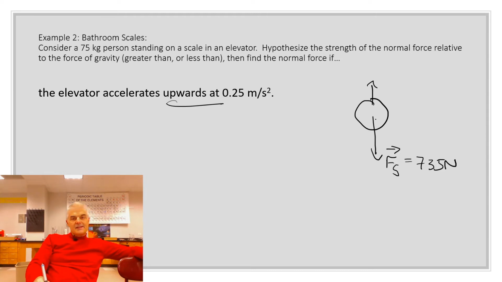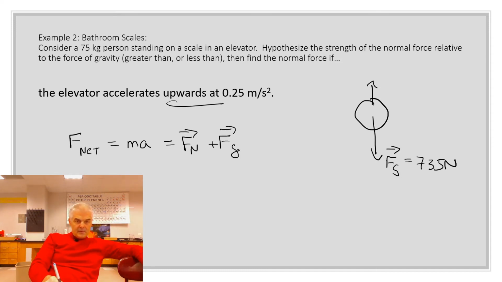Since the net acceleration is 0.25, what we can say is the net force is equal to ma, which is equal to the normal force plus the force of gravity, making sure that they're opposite, right? One will be positive, the normal force is going to be upwards. But we've got this acceleration thing going on. So we want to do this ball game right here.